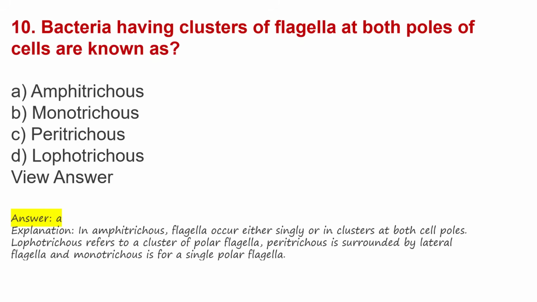And monotrichous is for a single polar flagellum. So therefore, bacteria having a cluster of flagella at both poles of the cell are called amphitrichous. That is why A is the best answer.